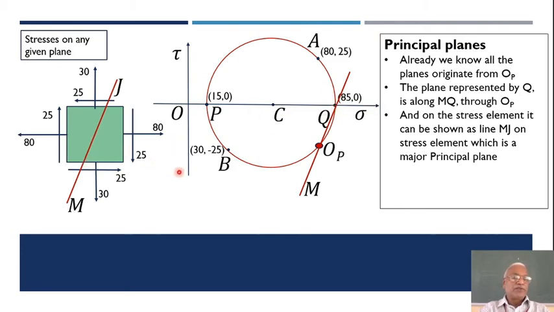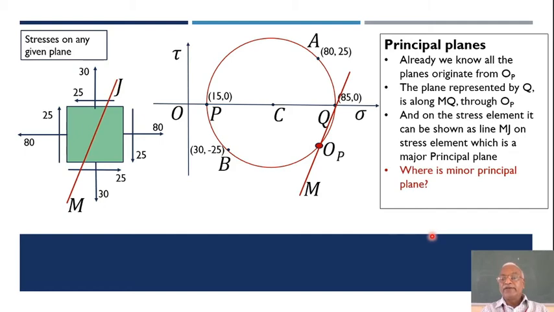So the major principal stress is tensile, and moreover it makes some angle. We can measure this angle so that you will come to know the angle made by the principal plane with the horizontal.